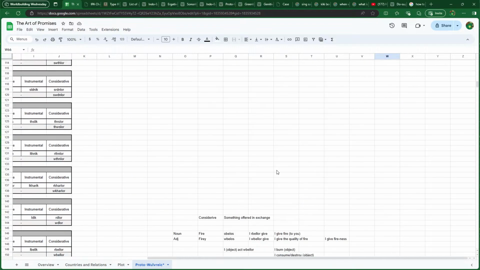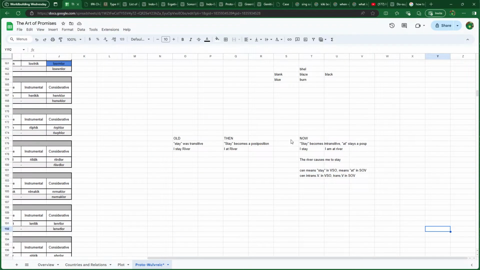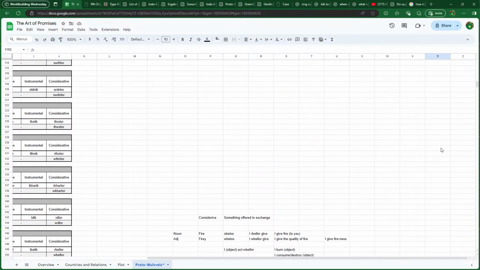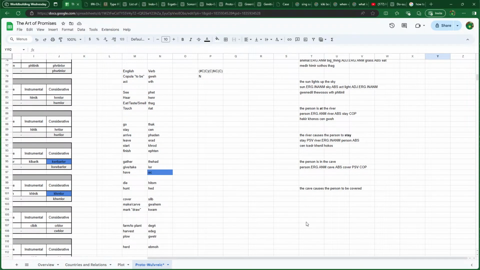So, you know how we went on this whole spiel about how this is how that could stay? They could be an intransitive verb or a transitive verb. If I stay at the river, it could be the same as me saying I stay by means of the river. Actually, no, that would be a different thing. Because I stay at the river and I stay by means of the river mean two different things.